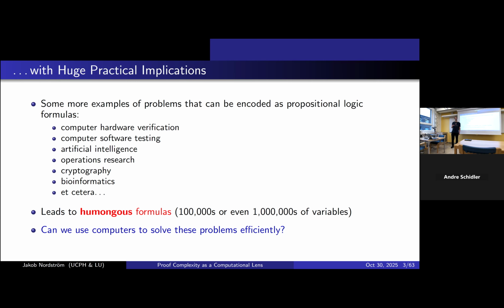The list really goes on and on, except that in real-world applications, we will not have the kind of small toy formulas as you saw on the previous slide. You should think of formulas with maybe 100,000 variables, maybe 1 million variables. And the question is, how can we solve these formulas efficiently? How can we decide whether they have satisfying truth value assignments? Not by pen and paper, so we want to use computers. Can we do this efficiently?